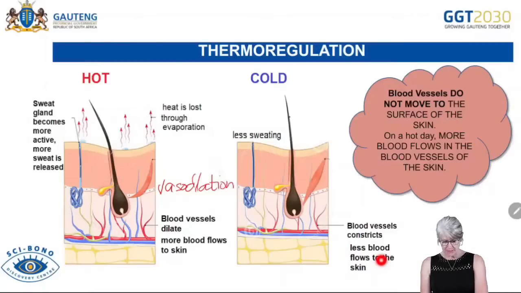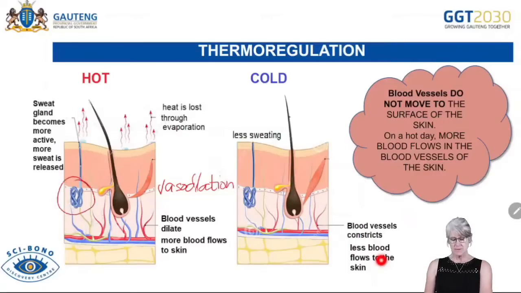And what they do is then give off heat. So the more blood that flows, the more heat that is going to be lost, either through radiation or through evaporation. It's also going to stimulate your sweat glands, so they're going to become more active and produce more sweat, which means that the body is going to cool down.